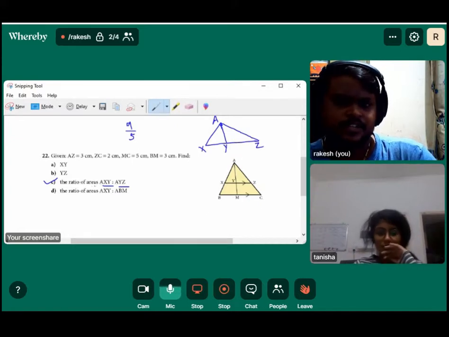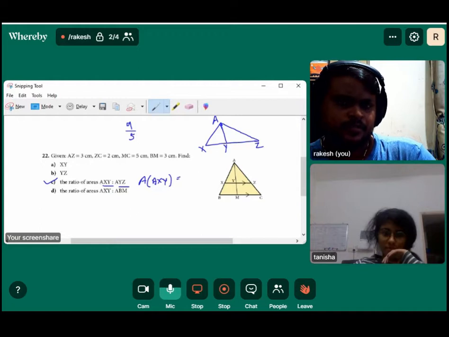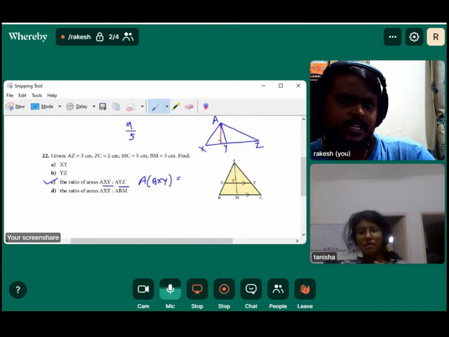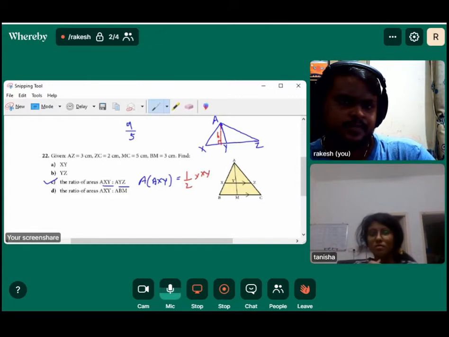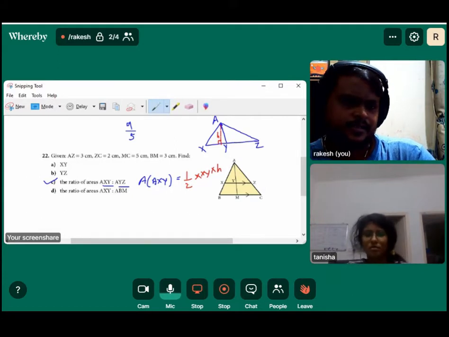And they ask about the ratio of their areas. So area of AXY, if we need to find it, we need base and height, right? So if I drop height like this, make this as H, that is height. So area of AXY would be half XY into H. Just let me write, this multiplication sign is just dot.